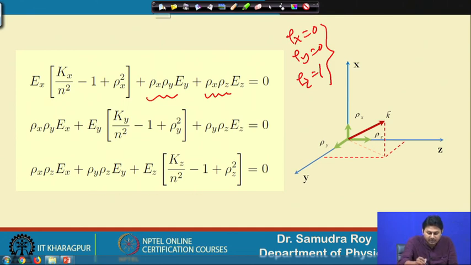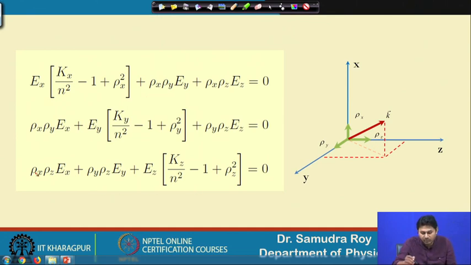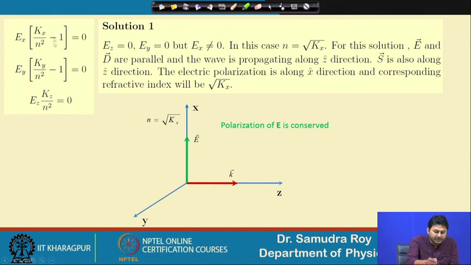From these three equations, when I put the rho x, rho y, rho z values, I will have this equation in my hand. So, these three equations are now very much simplified, and they suggest that E z has to be 0.